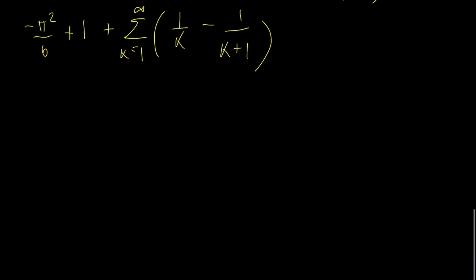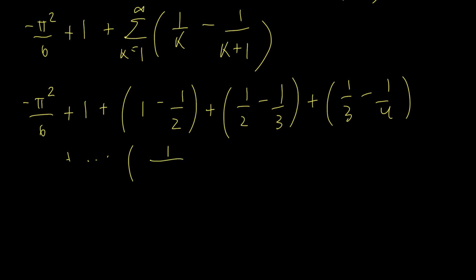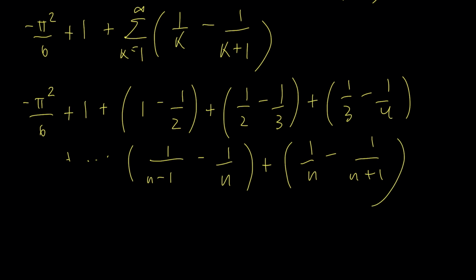And you recognize that this is just a telescoping series. So we're going to have a minus pi squared over 6 plus 1, and then plus 1 minus a half, plus a half minus a third, plus a third minus a fourth, plus, up to 1 over n minus 1 minus 1 over n, plus 1 over n minus 1 over n plus 1.